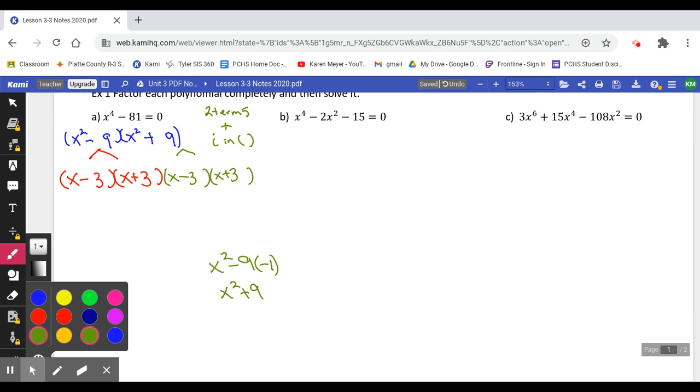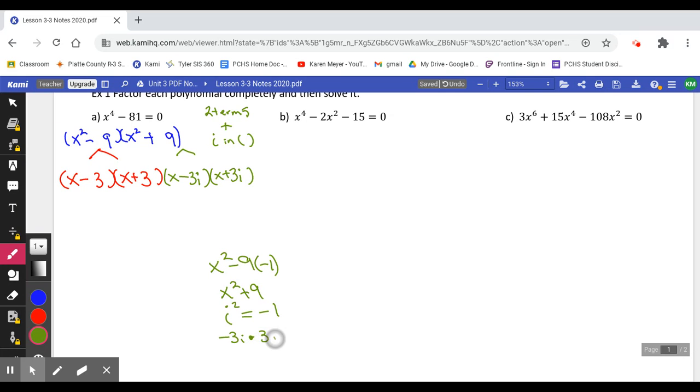And what does that mean in relationship to i? Do you guys remember in our last unit that we said i squared was equivalent to negative 1? So if I came up here and I put an i with each one of these 3's, then that would give me negative 3i times positive 3i is negative 9i squared, and then negative 9 times negative 1, because i squared is negative 1, which switches it to positive.